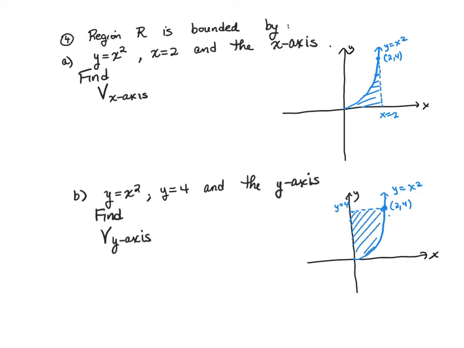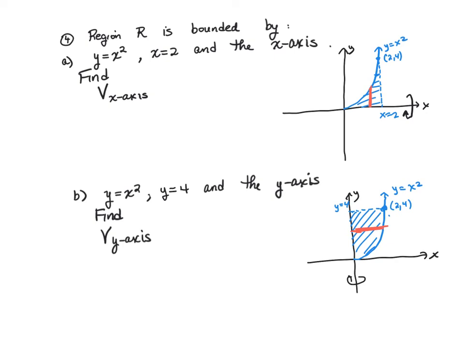Now, to generate a disk revolving around the x-axis, remember, the disk has to be in the opposite orientation, so that if the x-axis is horizontal, our disk is vertical here. Here, if the axis of revolution is vertical, our disk is horizontal. And these would be the same rectangles we would use to find area.